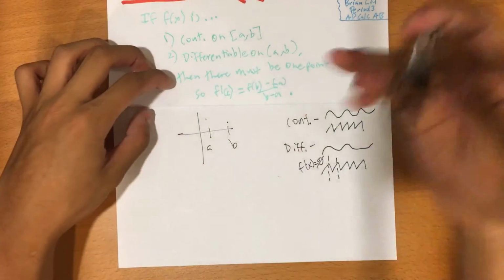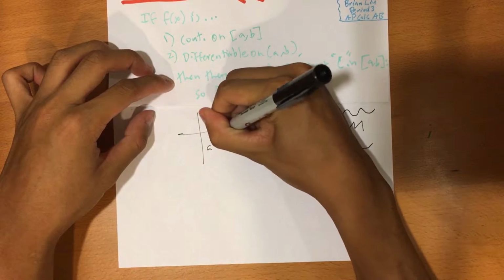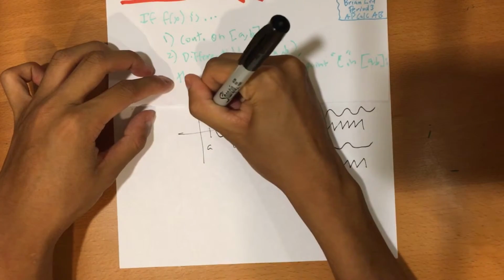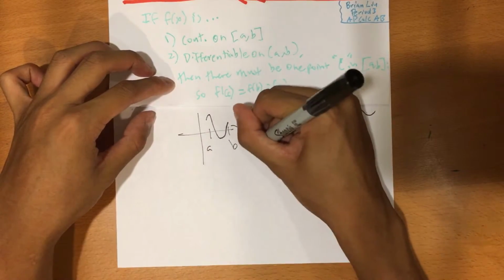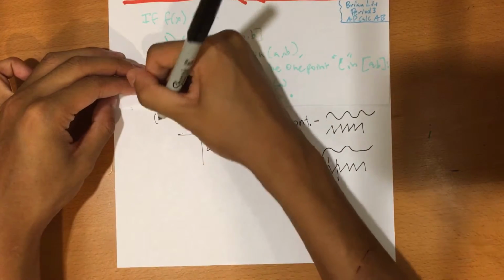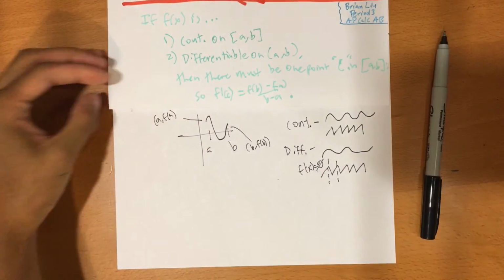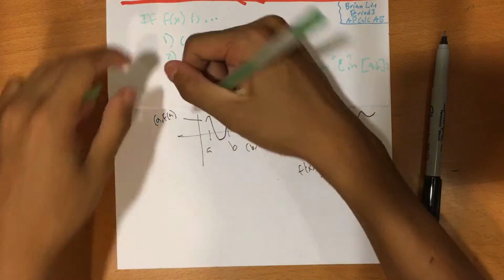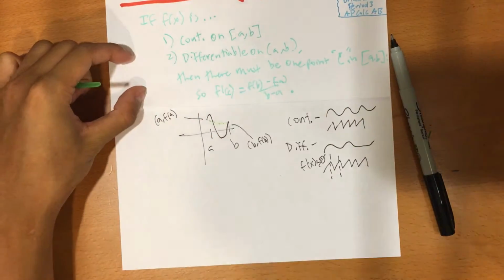So let's connect the dots. If you drew a line and it was continuous and differentiable, connecting point A and point B, now if you think about it, if you drew the line connecting the points, it's just the slope, yeah?